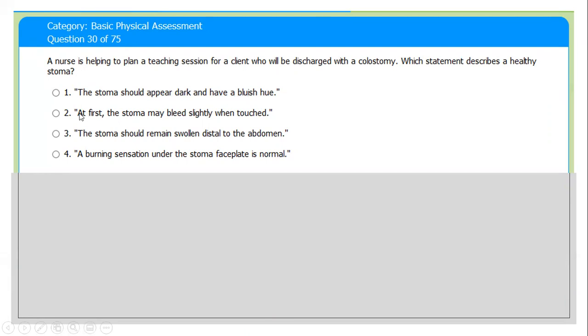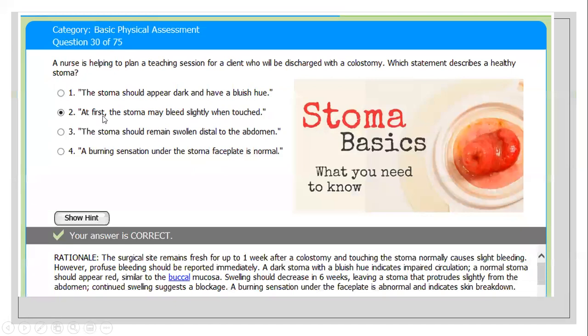Number two, at first the stoma may bleed slightly when touched. Number three, the stoma should remain swollen. Number four, a bluish sensation under the stoma, right? So the correct answer is, at first the stoma may bleed slightly when touched.